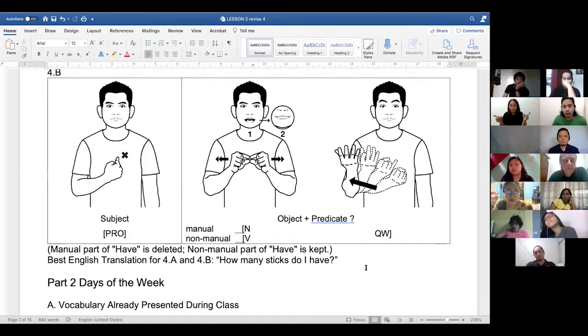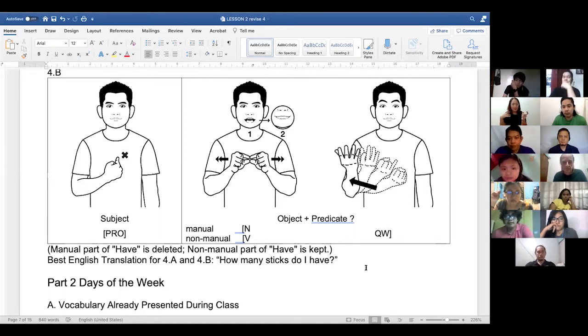So many parentheses. Maybe what we can do is we can change the parenthesis for lack.